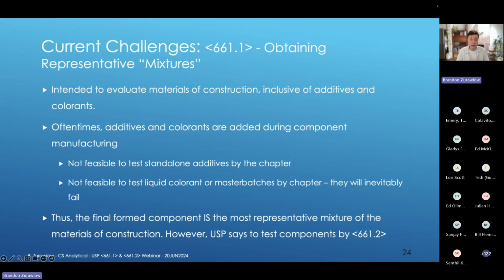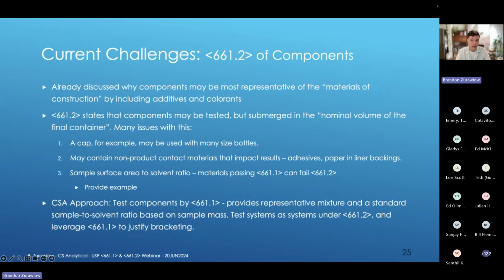And this is something that I think is a particular challenge, as we'll go into on this slide here. So we just addressed why a final formed packaging component might be the most representative way of evaluating a material of construction because it includes all of those additives, colorants, etc. However, 661.2 states that components may be tested, but that they should be submerged in the nominal volume of the final container.